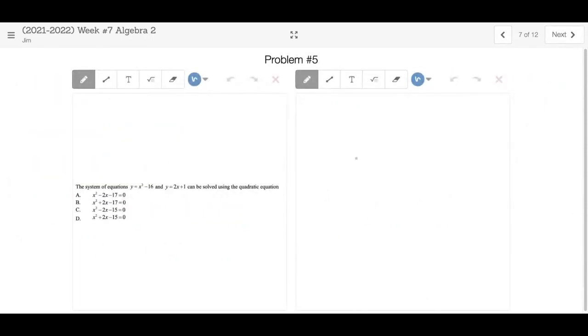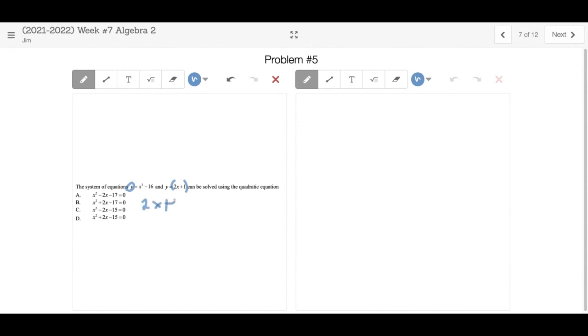Problem number 5, it says the system of equations y is equal to x squared minus 16 and y is equal to 2x plus 1 can be solved using the quadratic equation. Okay? Yes, it can. But what we have to do is change it into a quadratic equation first, right? So I would use substitution here. I would substitute what I know y is equal to, 2x plus 1, and put it in for y.